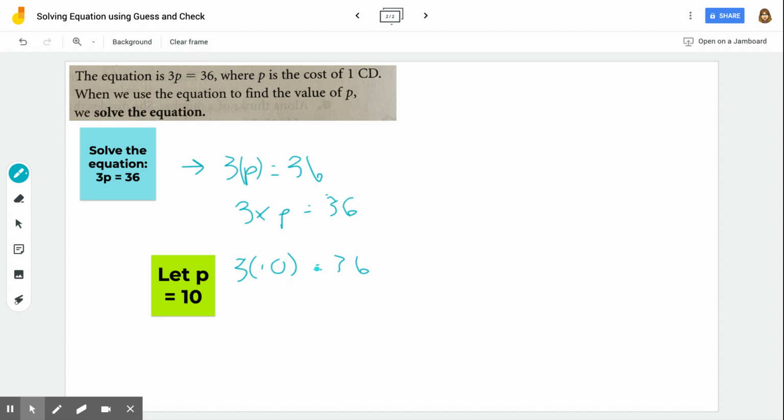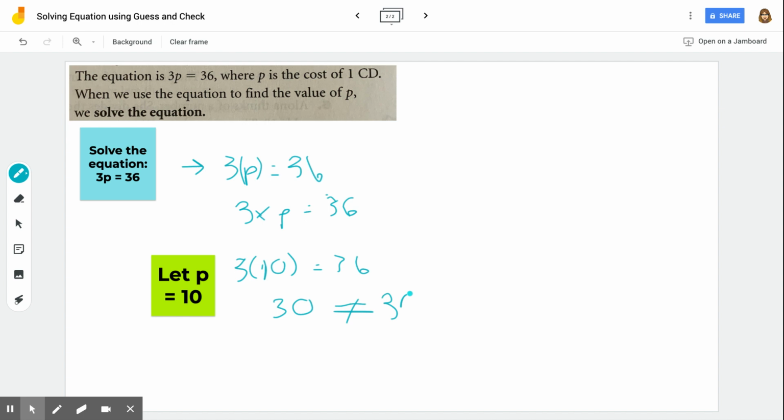All right, so I know that 3 times 10 is going to give me 30, and 30 does not equal the same thing as 36. So p can't be 10 because my left side does not equal my right side.